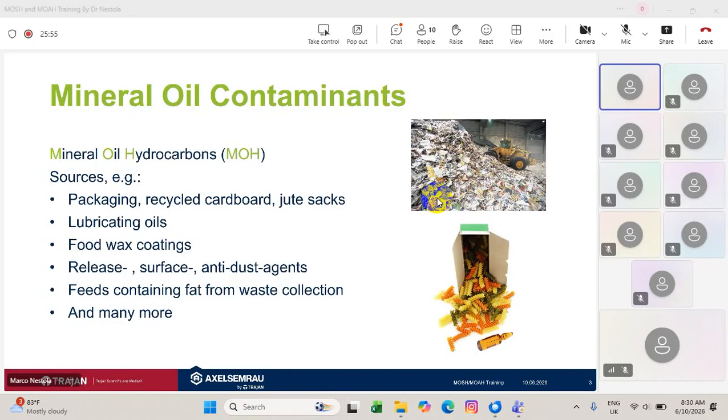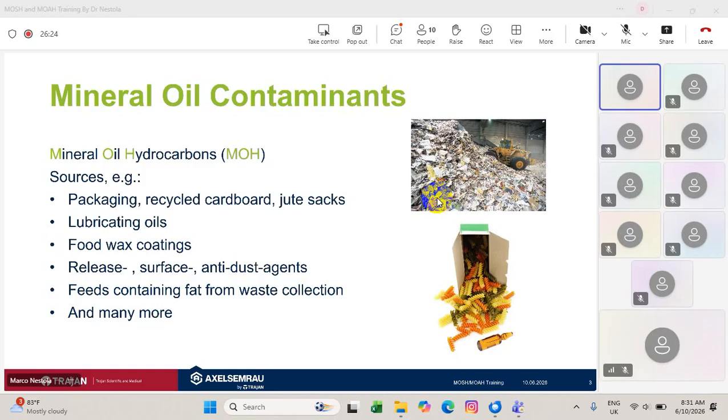So when you are spinning jute sacks, you need something so that it has a nice texture, and that was initially mineral oil. They now switched to edible oils, but as jute sacks can be used for many, many times, over 20 years without any problems, you still have jute sacks around the world which are still contaminated by MOSH.